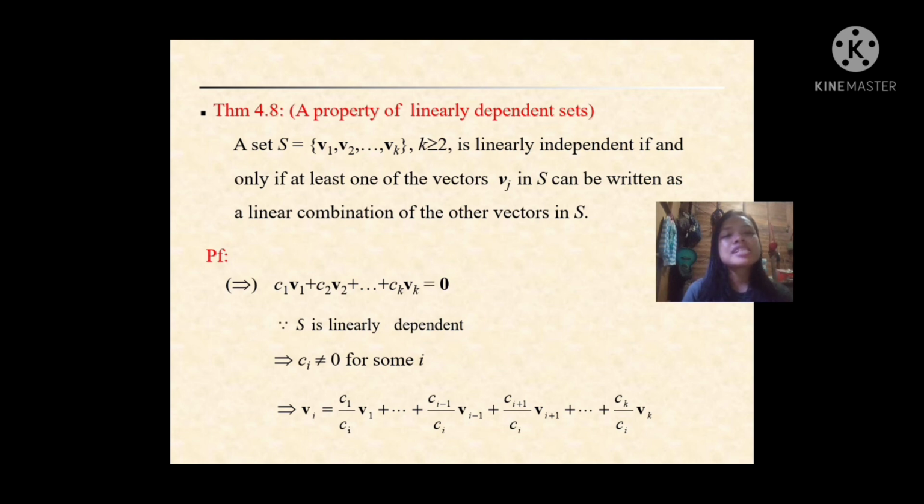A set S equal to v sub 1, v sub 2, ..., v sub k, for k greater than or equal to 2, is linearly dependent if and only if at least one of the vectors v sub j in S can be written as a linear combination of the other vectors in S. For the proof, c sub 1 v sub 1 plus c sub 2 v sub 2 plus ... plus c sub k v sub k equal to 0.